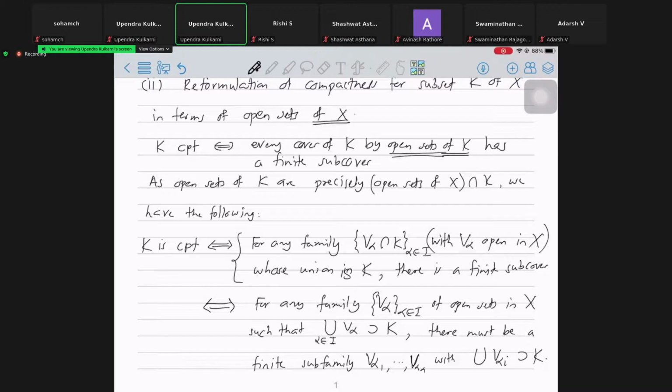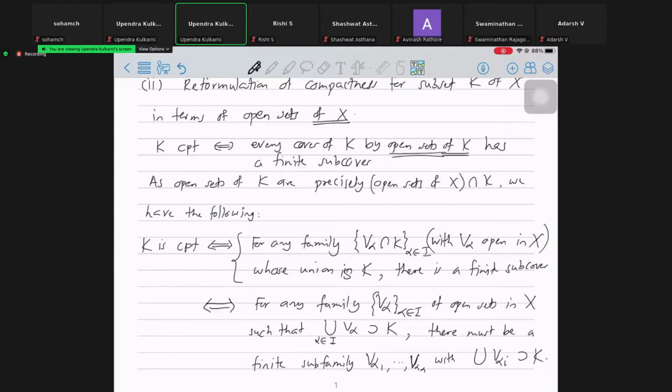So what we will do is that we will use the word open cover to denote even this slightly more general situation. So we will say that a family of open sets in some topological space X covers a subset if its union contains that set.